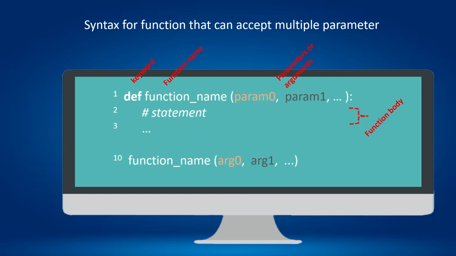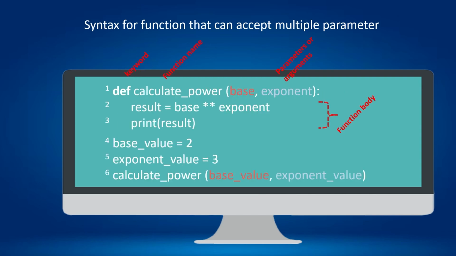When you call or invoke these functions, you must pass the arguments, the actual values, to the function in the same order as the parameters that we define here. This ensures that each parameter receives the intended value.